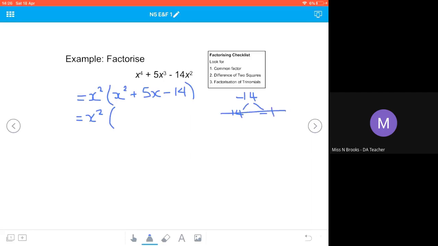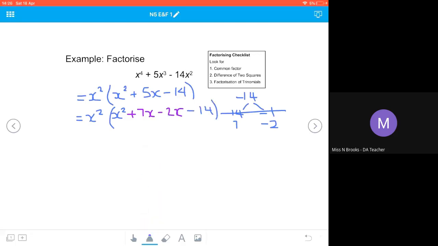And our only other factors of 14 are 7 and negative 2, and that gives us our plus 5x. So we're going to replace it. So we've got x squared, and then we've got plus 7x minus 2x, and then we've got our takeaway 14.